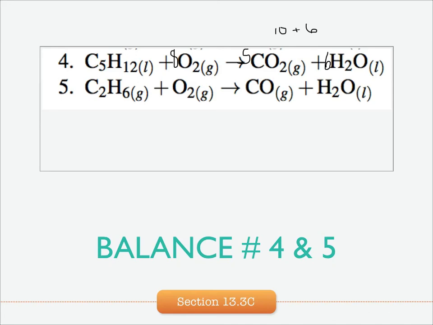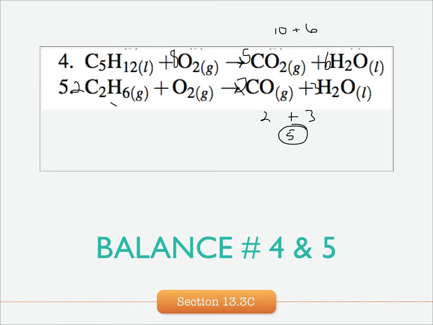Okay, looking at the second one, let's put a 2 here. And we need 6, so we'll put a 3 here. If we want to count oxygens now, we got 2 plus 3, and we got 5. And once again, anytime you get an odd number, this is what happens. So now you got to double.